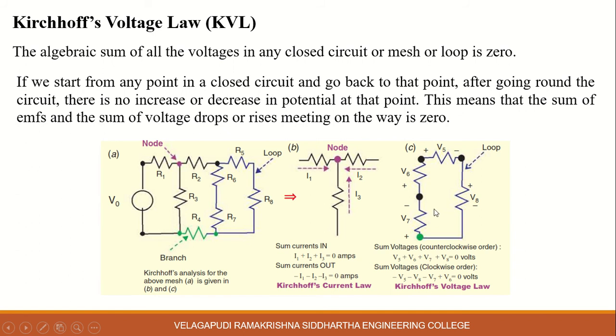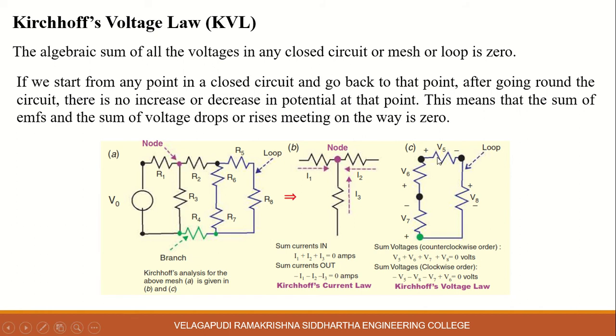Taking voltages in counterclockwise, that is anti-clockwise, direction from this point, the algebraic sum V5 plus V6 plus V7 plus V8 equals 0.